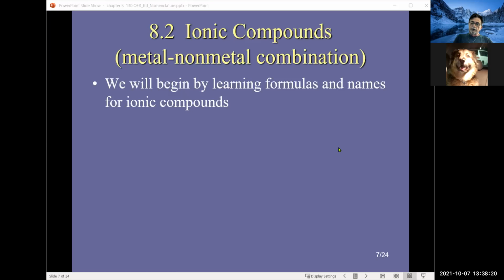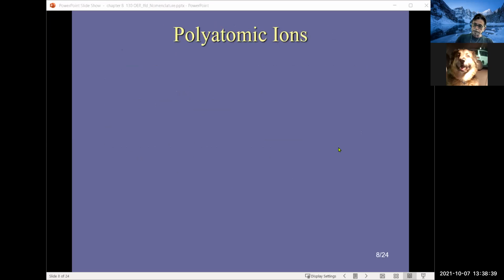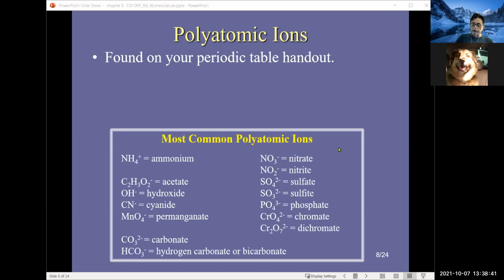All right. We're going to begin by learning the formulas and the names for ionic compounds. The sum of the charges, in other words, you're going to put together enough cations and enough anions to add up to a total net charge of 0. We talked at length about the polyatomic ions.